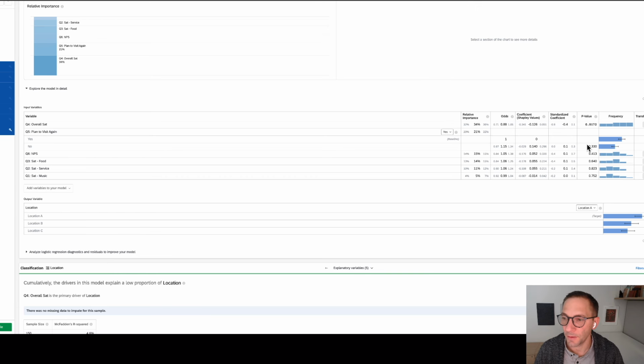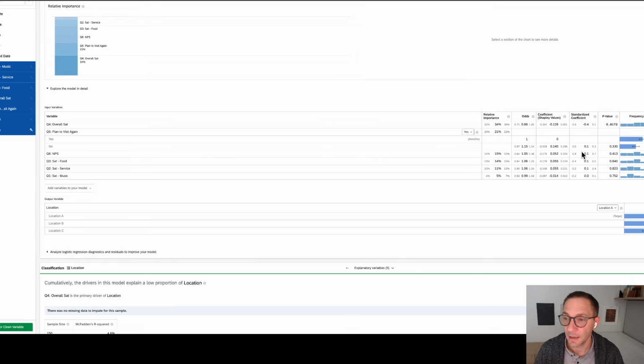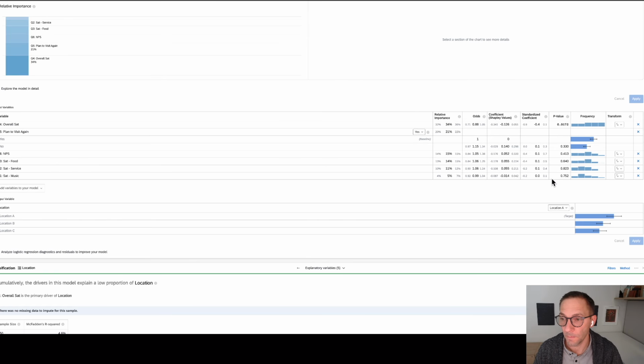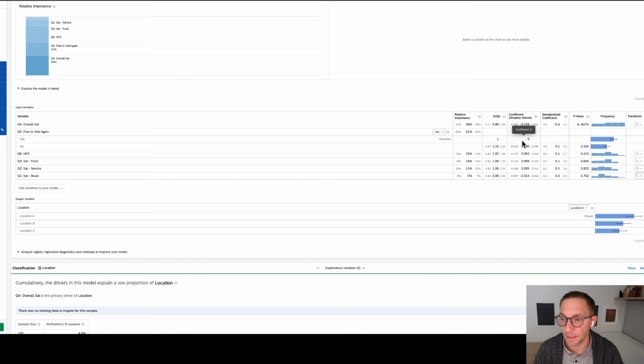So we don't have that significance here when we're trying to predict location A. But let's say that this was significant. So our beta here is positive for a no. So we'd say, as they selected no, they're not going to visit again, that increased the likelihood they were at A, because this is a higher beta for this target.